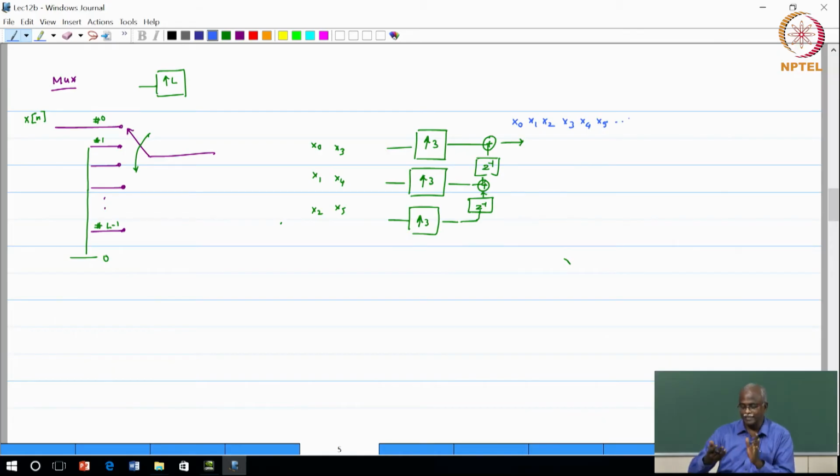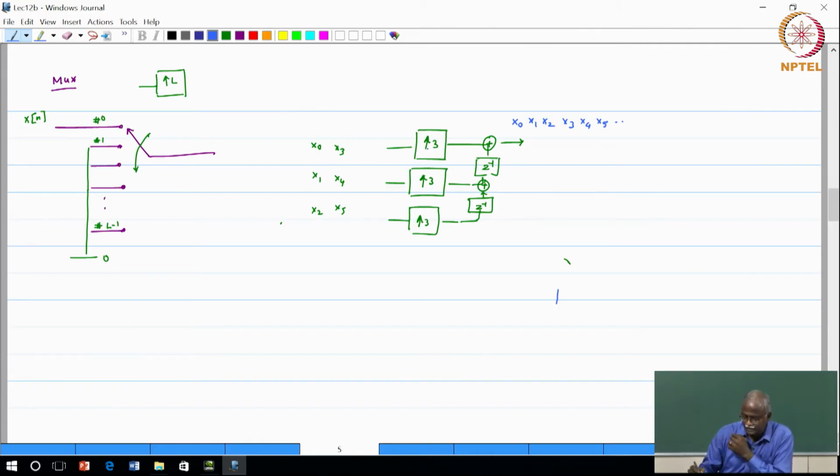Okay, so basically this is the unblocking. It creates from the blocks the stream of data that we are interested in. Same thing that we would like to look at a little bit more carefully.